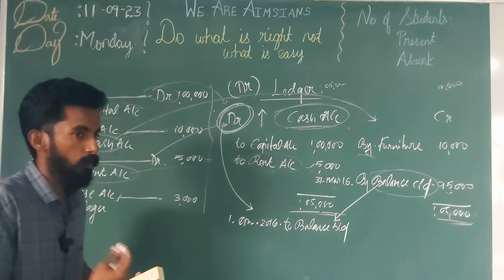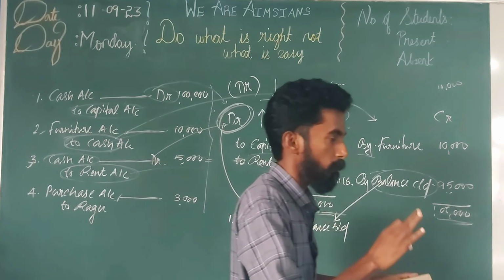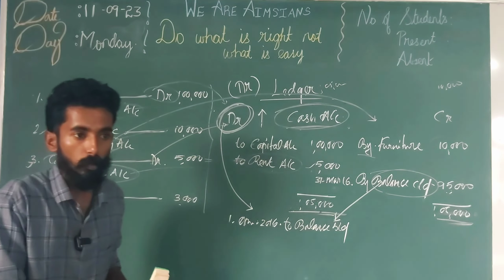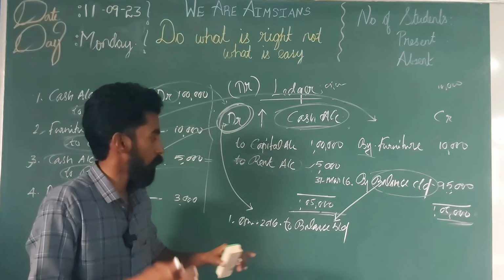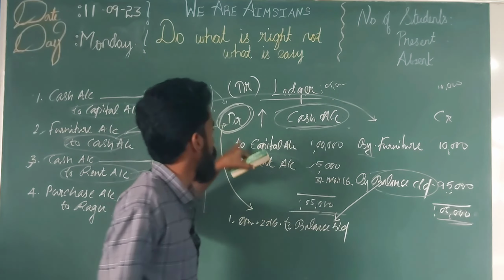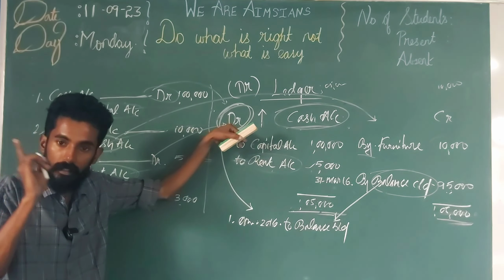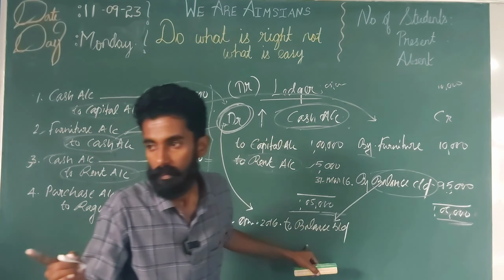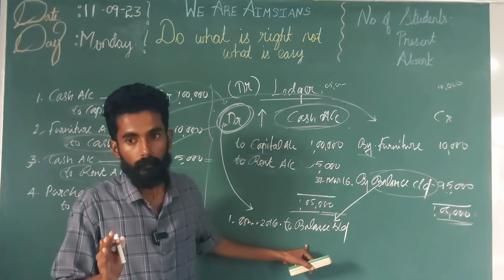In 12th class we are going to prepare the capital accounts also, bank account also, whatever it is; it depends upon the account balance only. Balance brought down will come. So cash account shows which balance? Debit balance. So automatically the balance brought down should be on which side? Debit side.